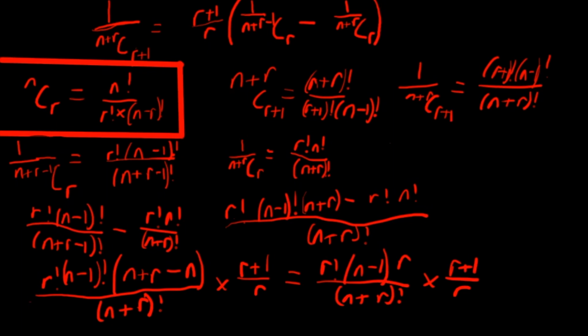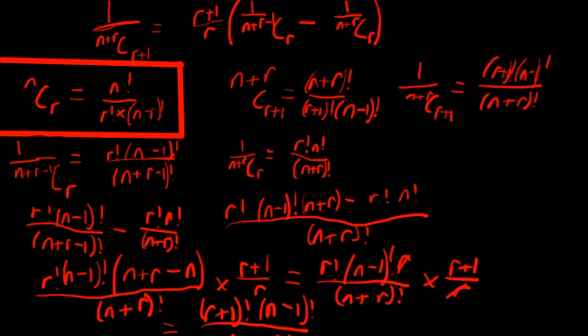As you can see, the r's on the top and bottom will cancel out, and remembering that r factorial times (r plus 1) is just (r plus 1) factorial, we get the final fraction to be (r plus 1) factorial times (n minus 1) factorial divided by (n plus r) factorial.